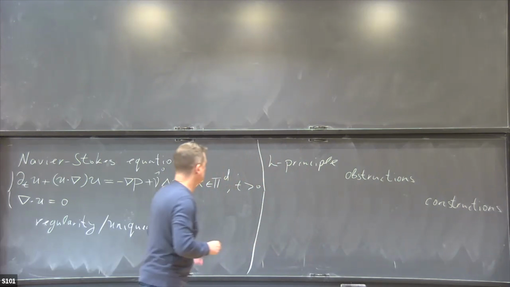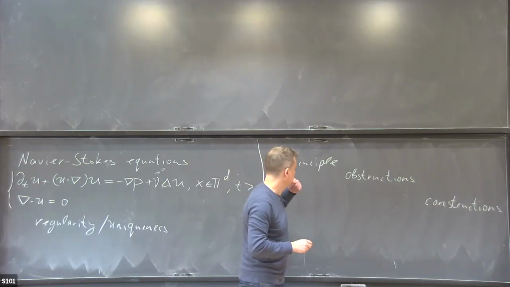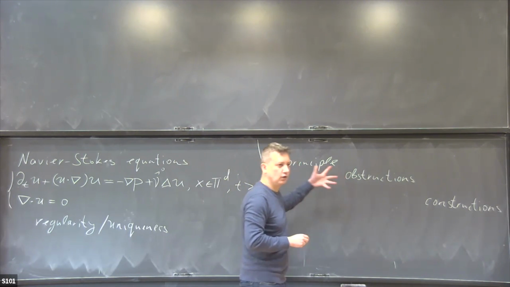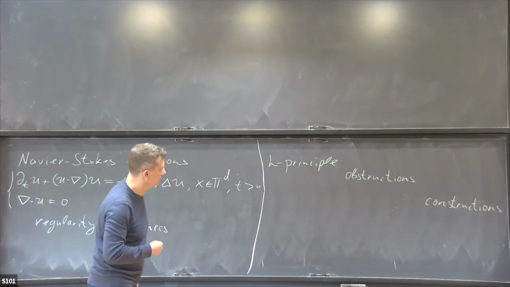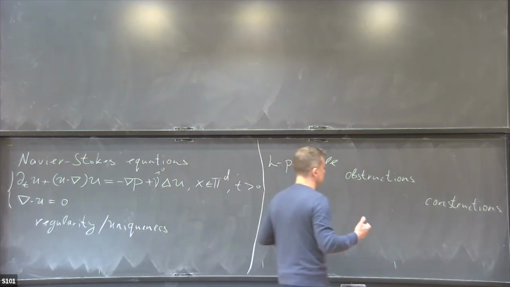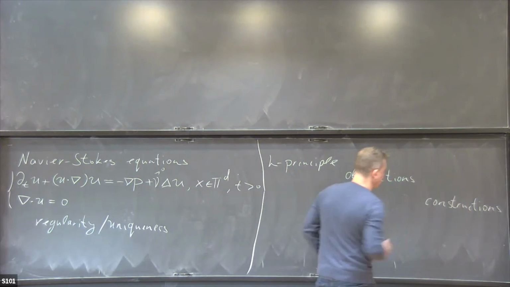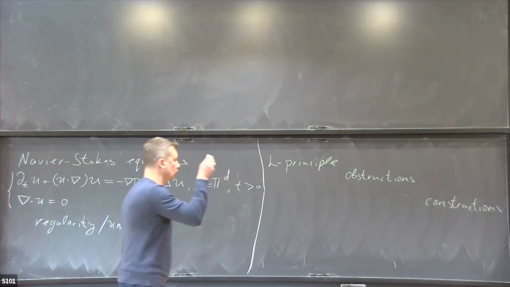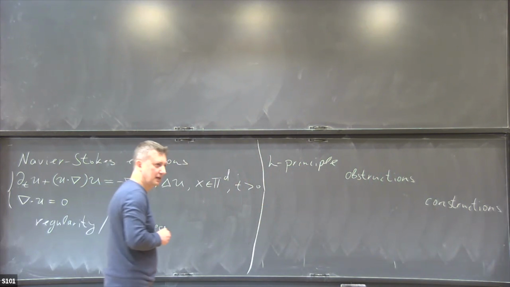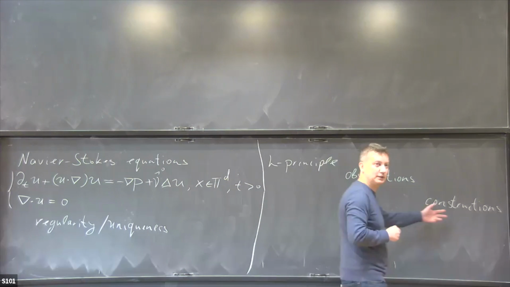Okay, so to have the h-principle, ideally I want to identify all the obstructions, and then in the complement you can do constructions anywhere you want, right? So now you have to decide what you want to construct.